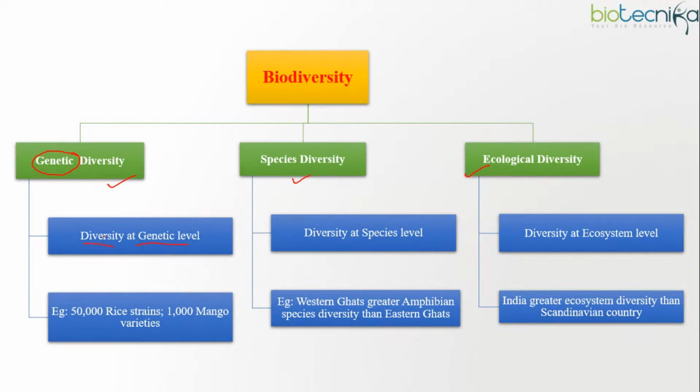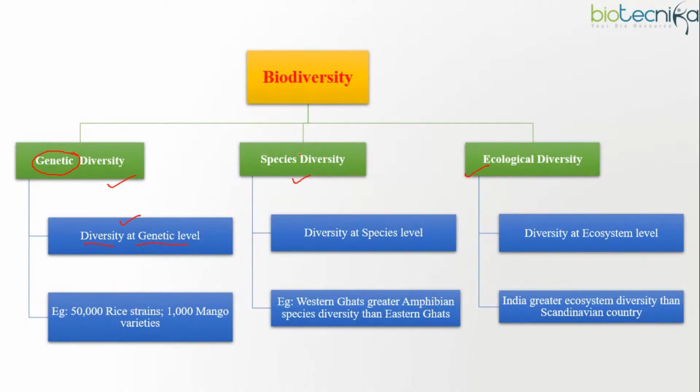Diversity means heterogeneity at the genetic level, right? If you compare humans to other animals, we don't have the same genetic makeup, right? There are some variations present. So there is diversity present at the genetic level in plants and in animals, right?